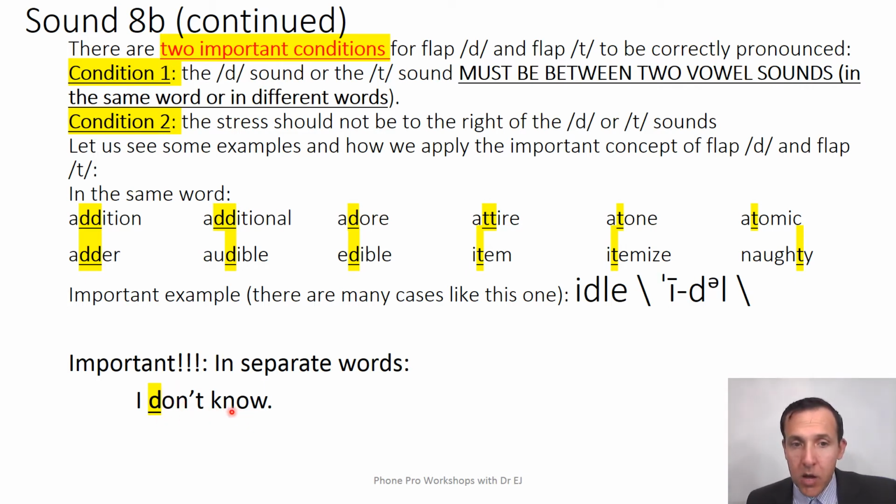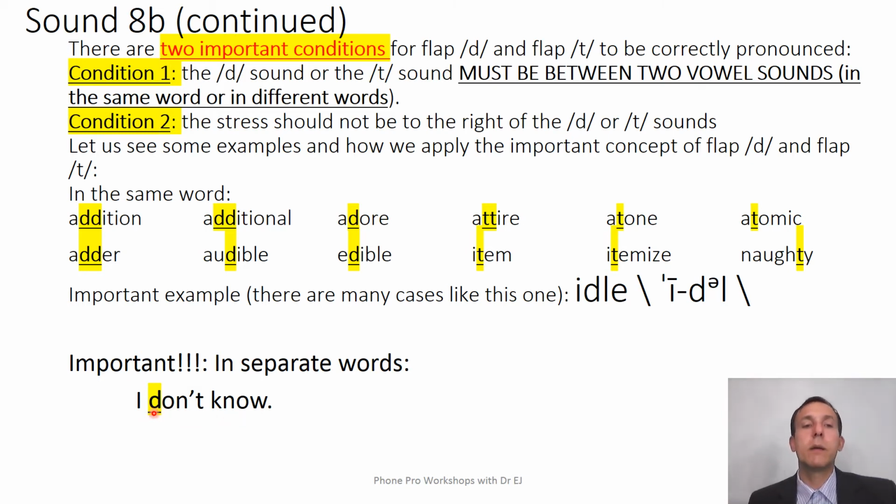The stress is on no. The stress is on the word no. Therefore, you can say that the stress here is minimized to a point that this word does not possess a strong, very well heard stress. Therefore, condition number 2 applies in this case. Now, I don't know. I don't know.